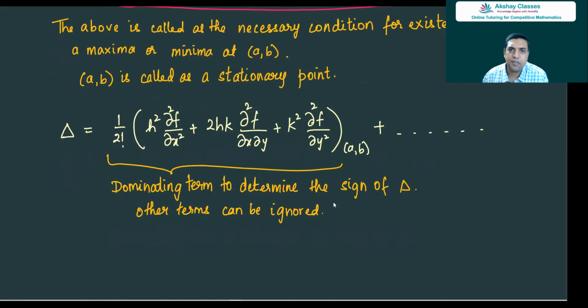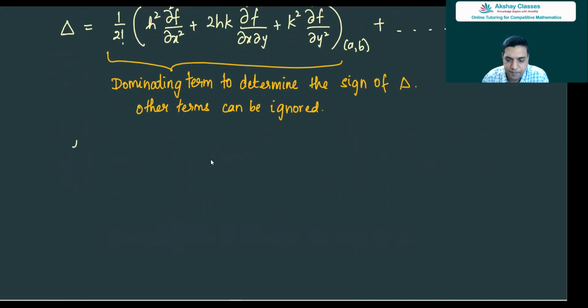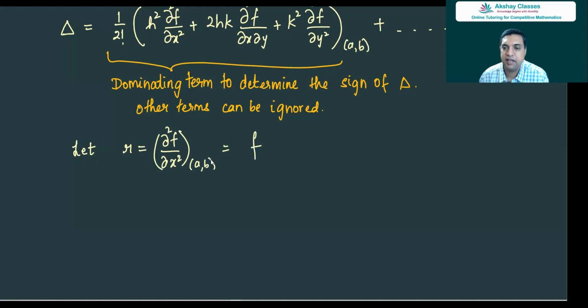So let us do this. Now let r be equal to dou square f by dou x square at a comma b, which we can write as f subscript xx at a comma b.